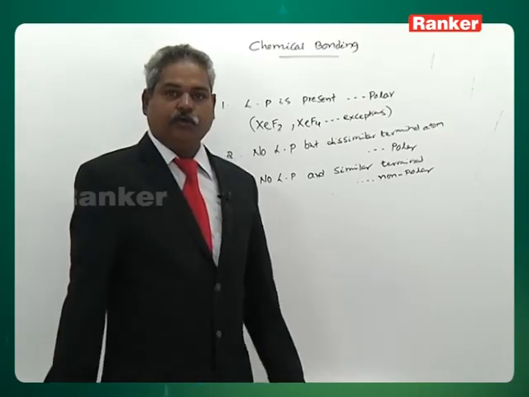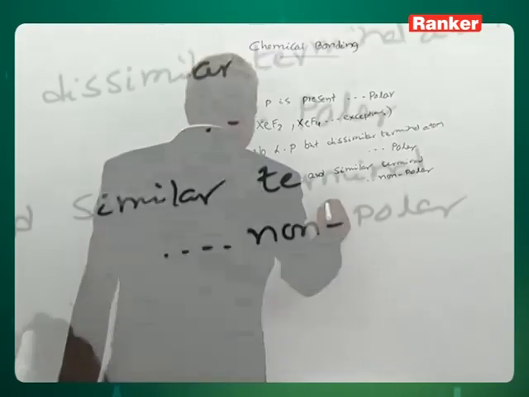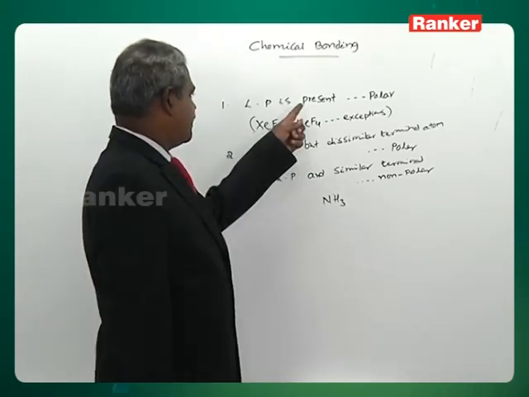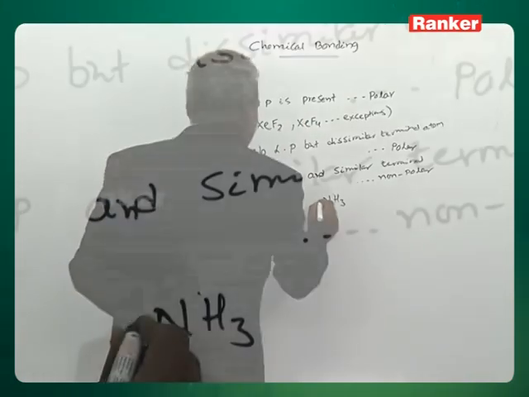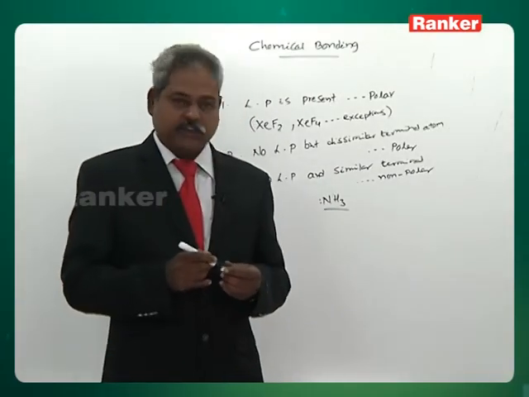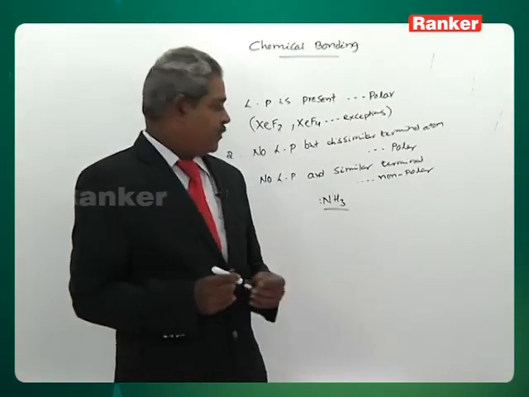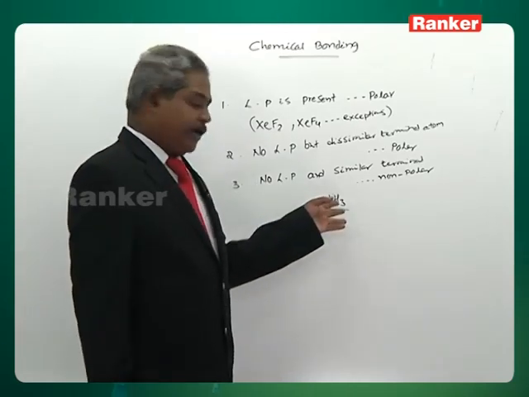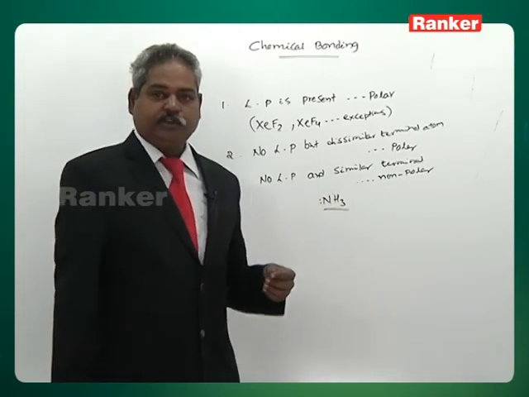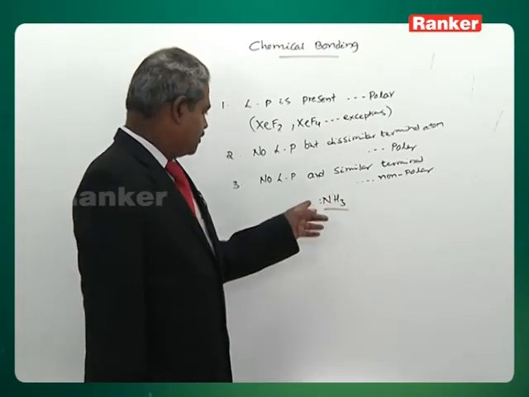Now classify. I will just give a molecule, and you just have to tell me 1, 2, or 3. NH3. Lone pair is present, therefore it is polar. So, you should know whether a lone pair is present or not. That we discussed earlier: NH3, nitrogen belongs to the 5th group, (5 minus 3) by 2. I am once again reminding you of how to find lone pairs.